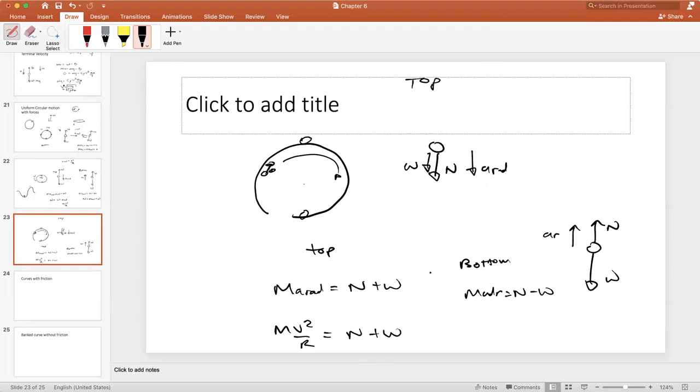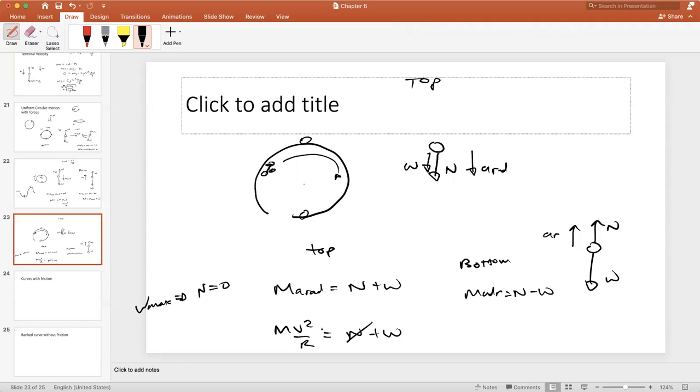In the book, it talks about this, but basically, in order for him to stay on there, at his critical speed, the normal force is 0. Otherwise, he would have a normal force. So at his critical speed, N is equal to 0.